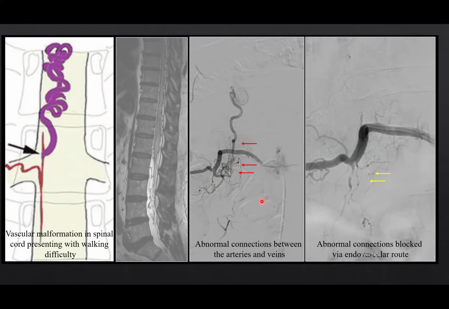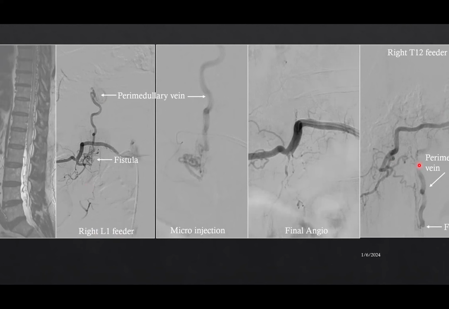He actually had two feeders: a feeder from the right-sided L1 lumbar artery, and also a feeder from the right T2 intercostal artery. If you see, both these arterial feeders had a common site where the fistula was, and this fistula site was not within the region of the neural foramen, but rather within the spinal canal.